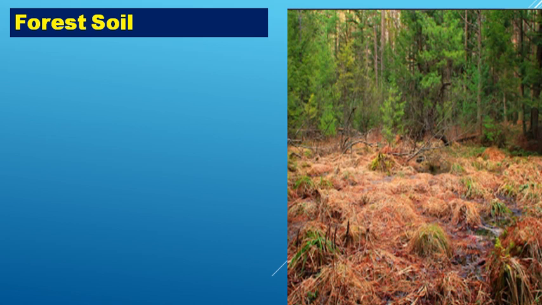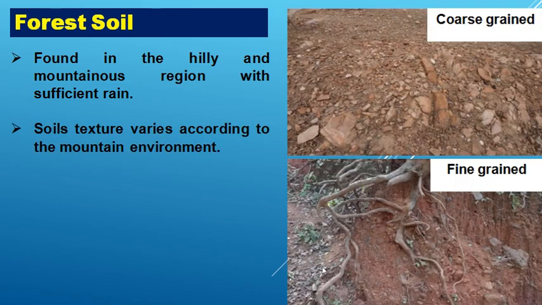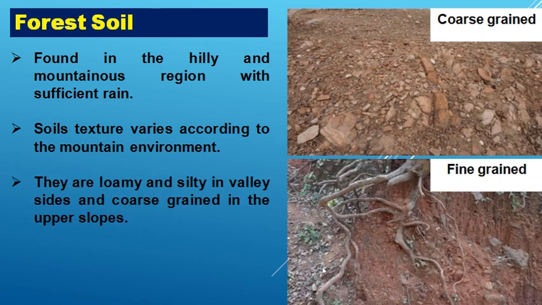Then comes forest soil. Forest soil, the name itself tells us, it is found in the forest, and in India most of the forests are in the mountainous areas. So these forests are found in the hilly and mountainous regions with sufficient rain. The soil texture varies according to the mountain environment, and if it is on the higher slope it will be very coarse, and when we come down it will be fine grained.